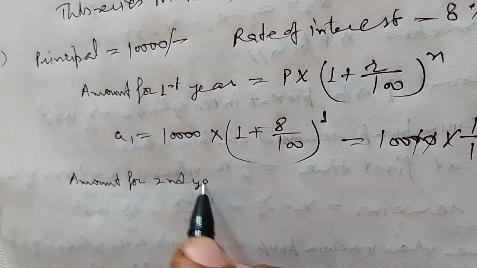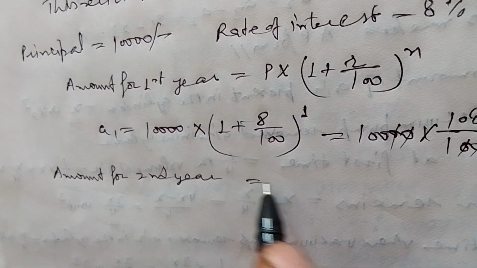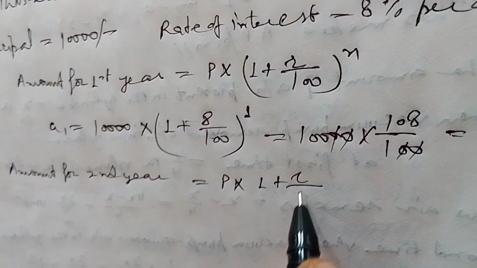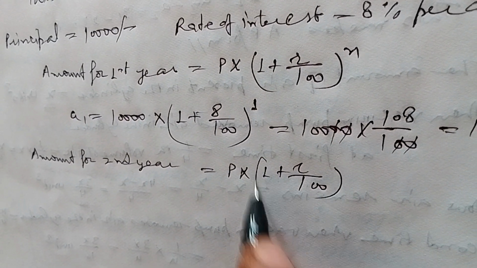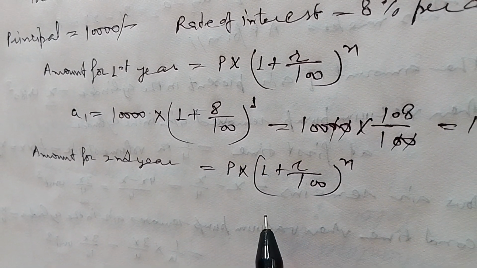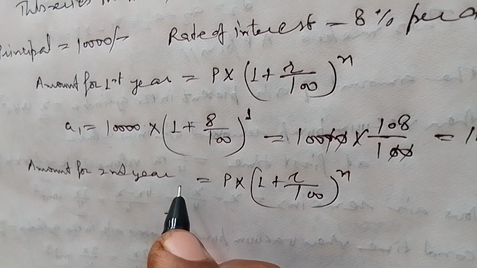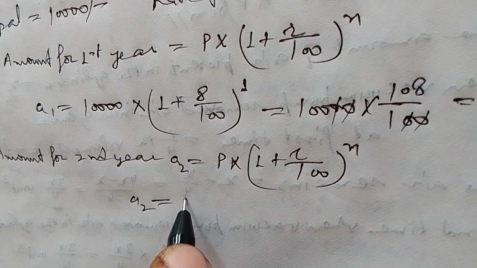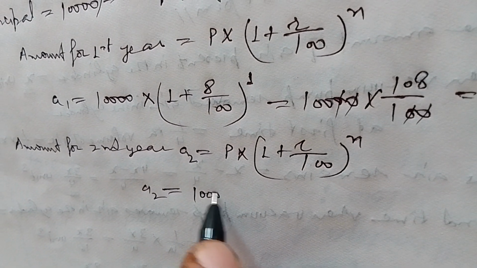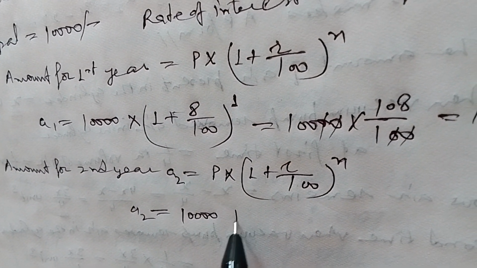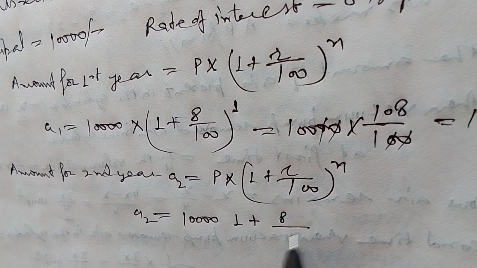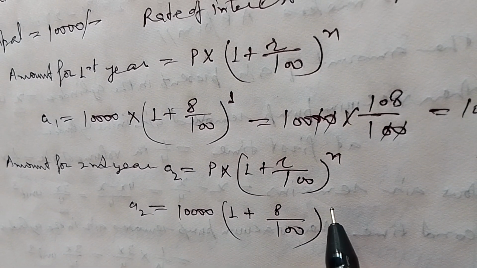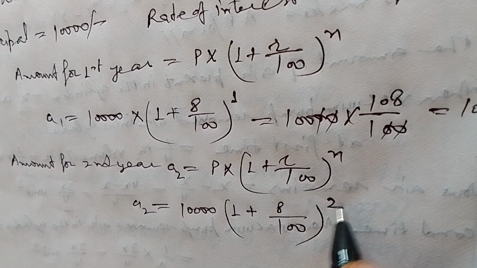Now the amount for the second year, that is P times 1 plus R divided by 100 to the power n. Similar formula, denoted by A2. So the principal amount we have is 10,000, 1 plus 8 divided by 100, the rate of interest is 8. Then this is the second year.